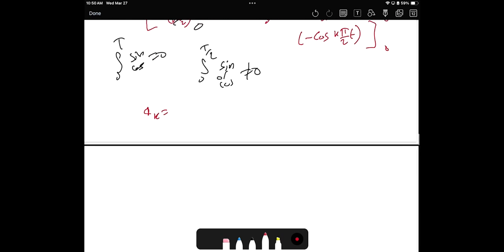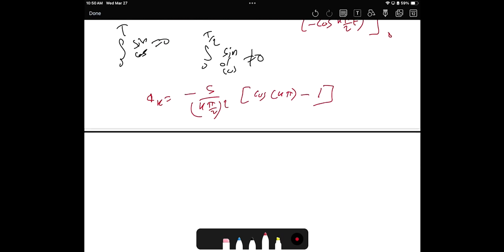Then to remove the negative, put pi over 2 as a square. A sub k will be 20 over k squared pi squared times 1 minus cosine of k pi.